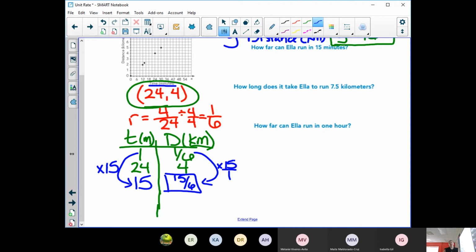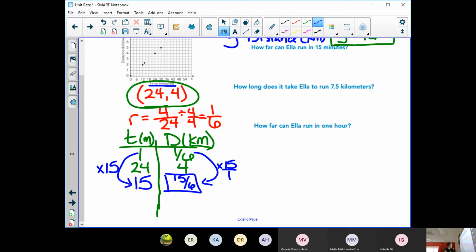Okay. Alayla, why do you think it's divide? Okay. So if I cover up 24 and 4, pretend it's not there. To go from 1 to 15, I know that 1 times 15 will give me 15.